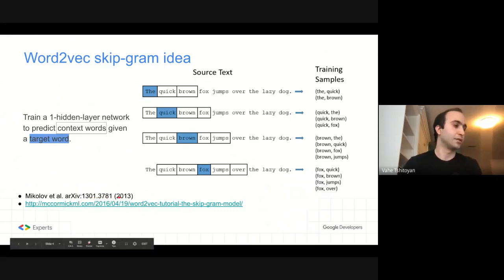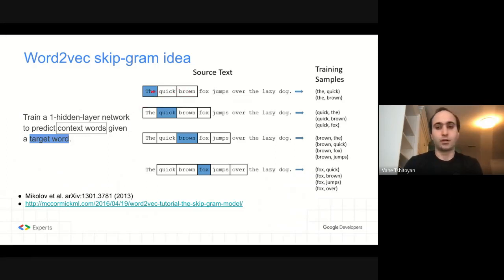The paper is here. There was also a follow-up paper in 2014 building on this. The idea is, if you have a text, in this case a sentence, "the quick brown fox jumps over the lazy dog," you train a very simple one-hidden-layer neural network to predict context words, which in this case are the white ones, given a target word, which in this case is "the."